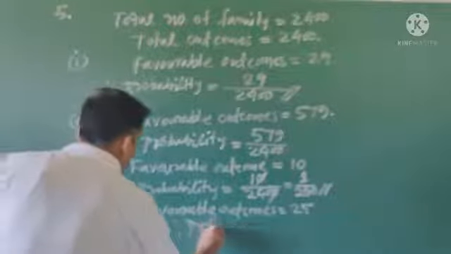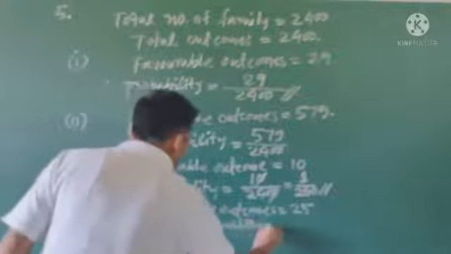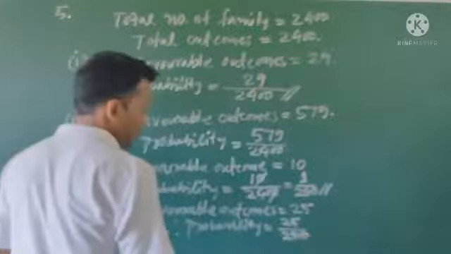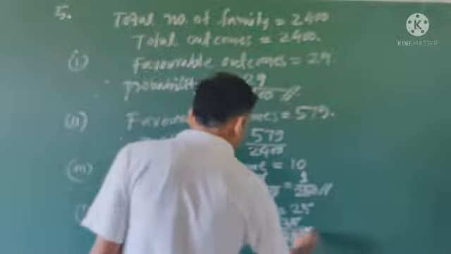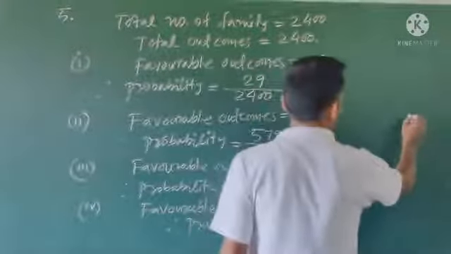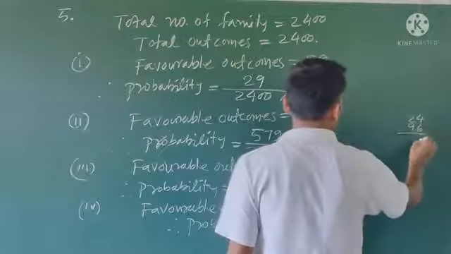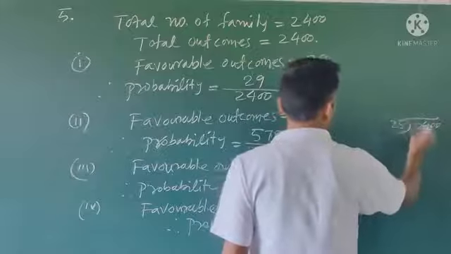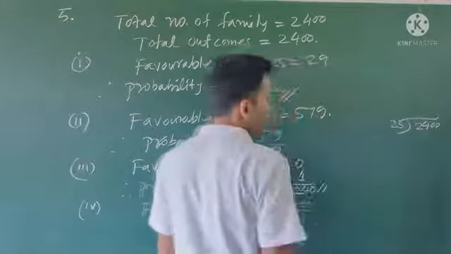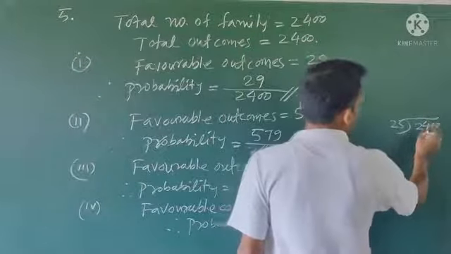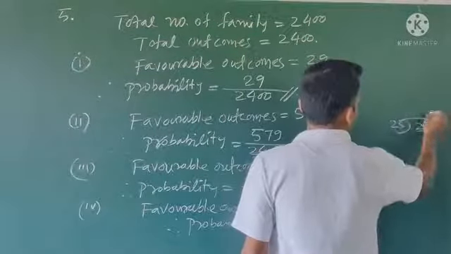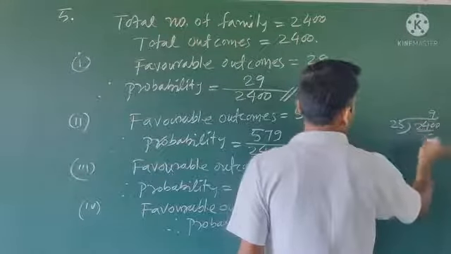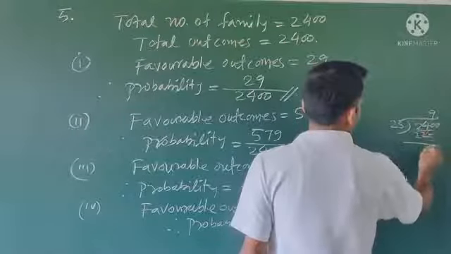Therefore probability is favorable outcomes divided by total number of outcomes. So 25 into 96 is 2,400. You can find it, or you can divide also: 2,400 divided by 25. 24 is less than 25, so you take 240. 25 into 9, 9 fives are 45, 4 in hand, 9 twos are 18 plus 4 is 22. 10 minus 5 is 5.